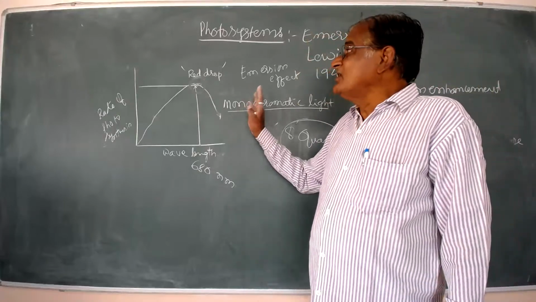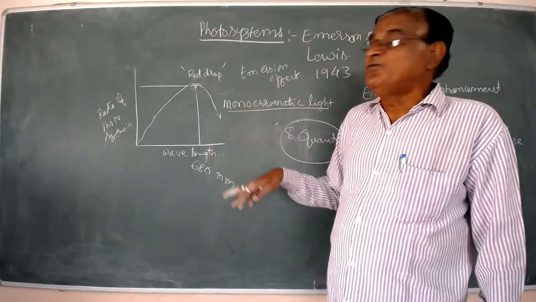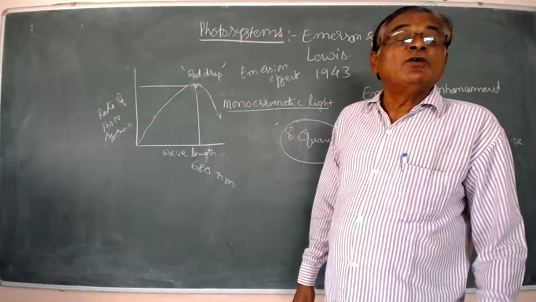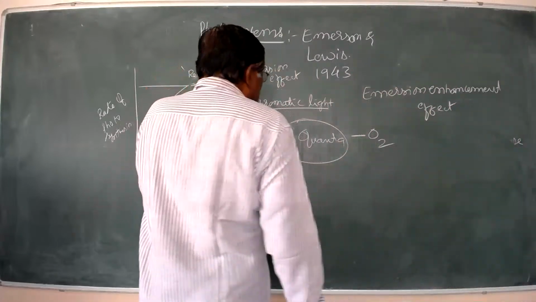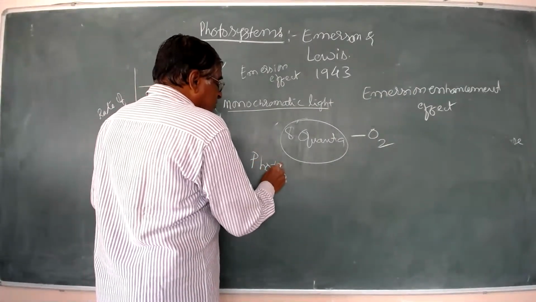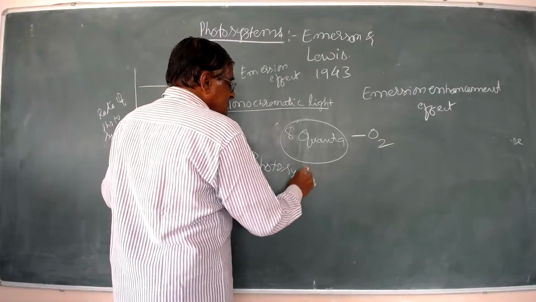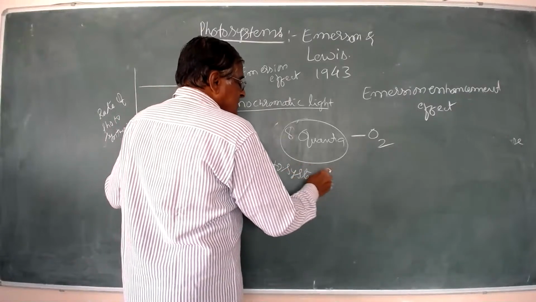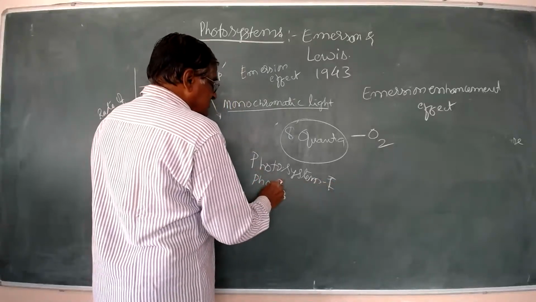But Emerson was the first man to explain the photosystems. And due to that, there will not be only one photosystem. There will be two: photosystem 1 and photosystem 2.